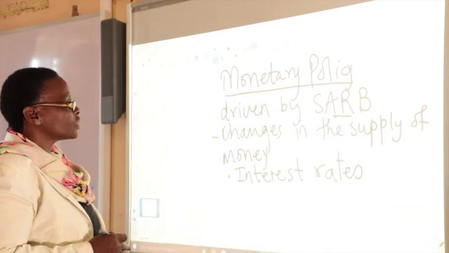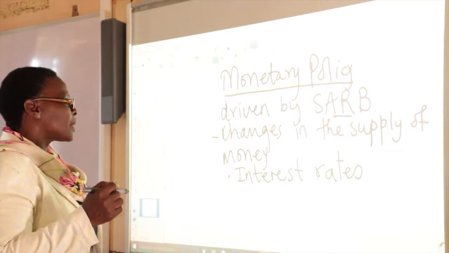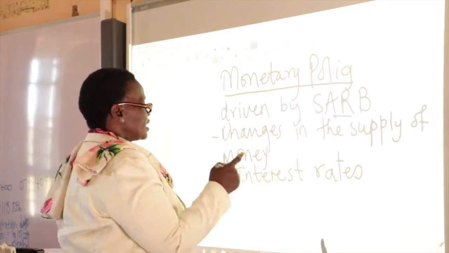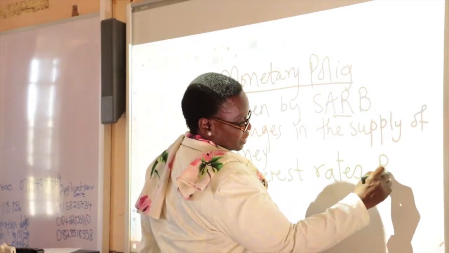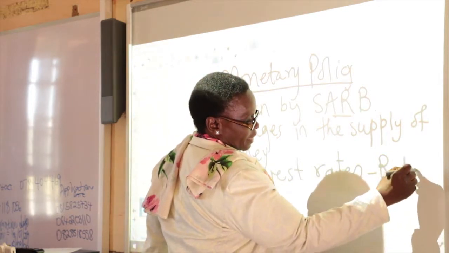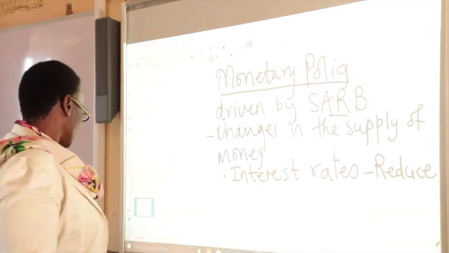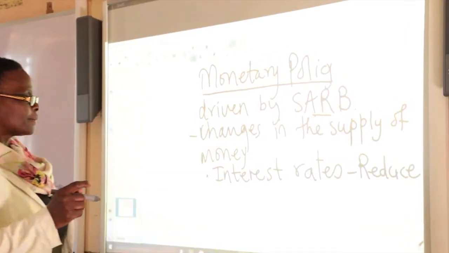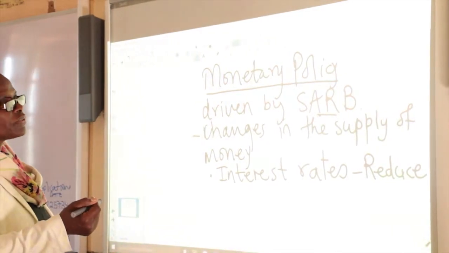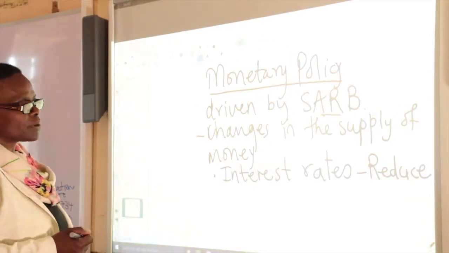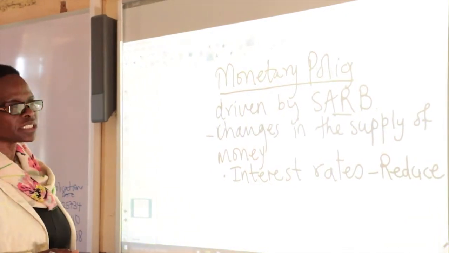So in this case, because we want to stimulate economic growth, we want to stimulate aggregate demand and the standard of living, the Reserve Bank would have to reduce the interest rates. The reduction of interest rates would make credit cheaper, and this would stimulate. People would be motivated: let me go and buy this because I will pay less interest because of lower interest rates.